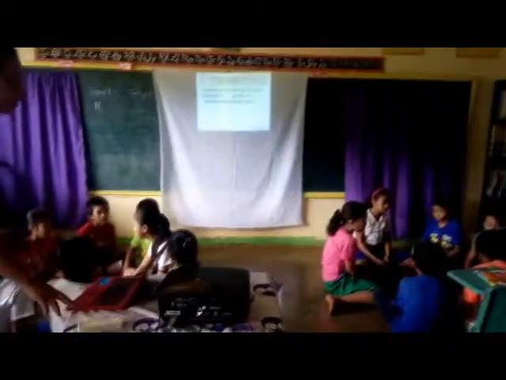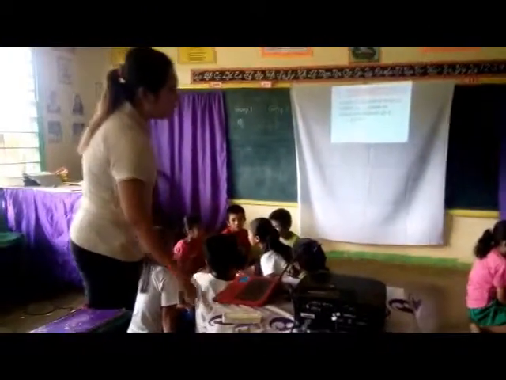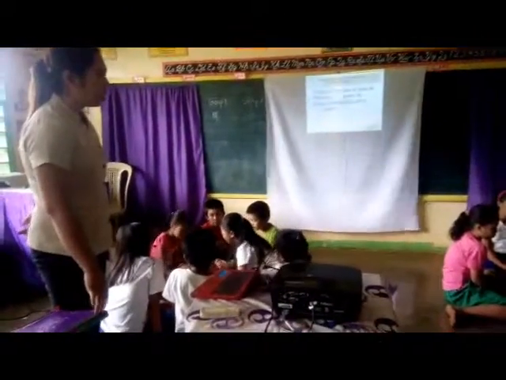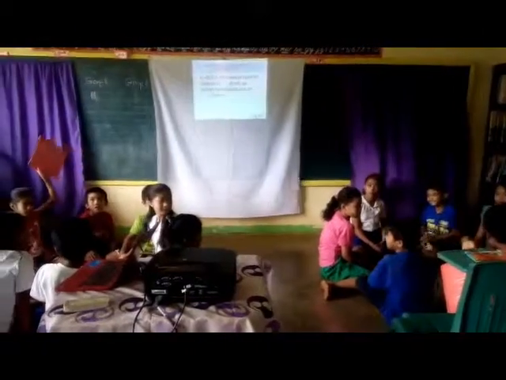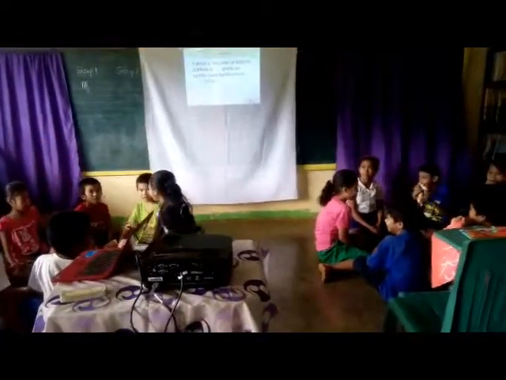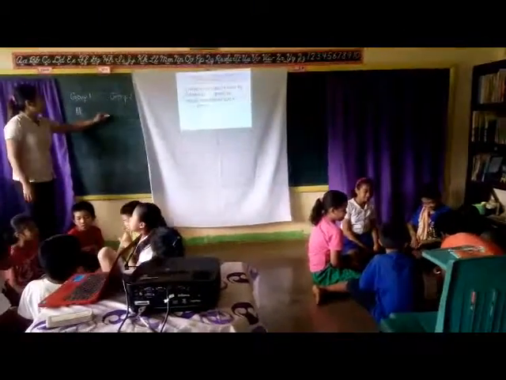Now, what is the ratio of boys to children in grade 6 section Sampaguita? Use colon form. Okay, quick. Okay, correct. Group 2 was first. 9:23.